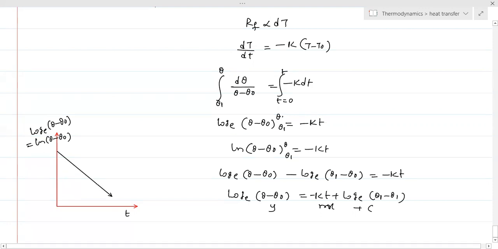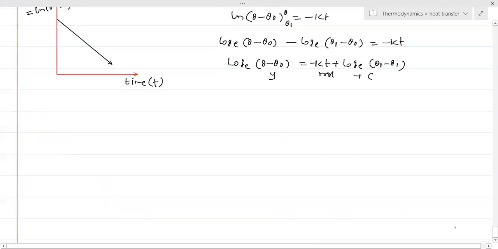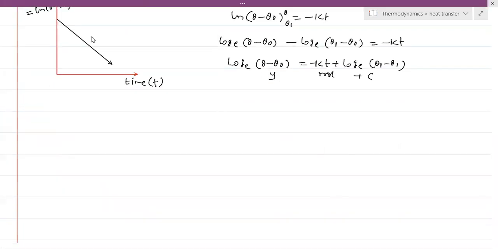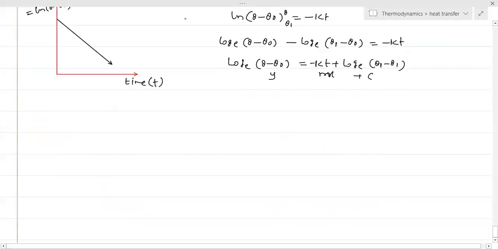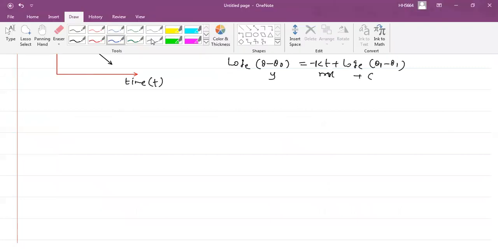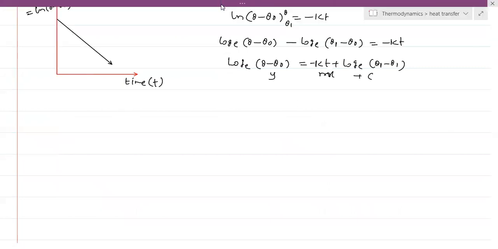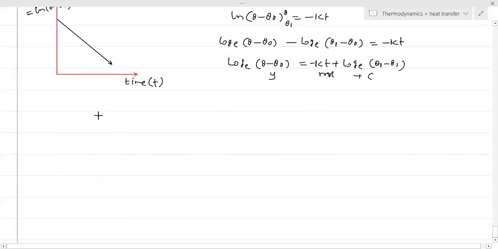So this graph is very, very important: ln (θ minus θ naught) versus time t. And one more thing we are going to have, that is the graph between (θ minus θ naught) and time.